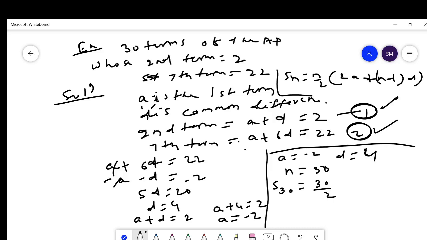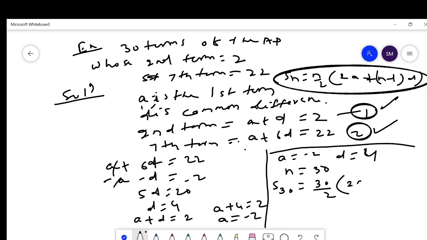Then this is the formula. Here 30 upon 2 into (2 into minus 2 plus (30 minus 1) into 4). Then this is equal to 15 into (minus 4 plus 116).